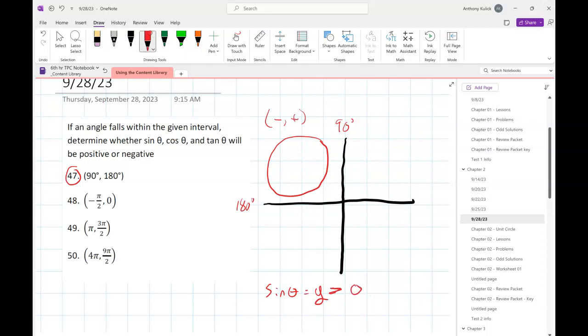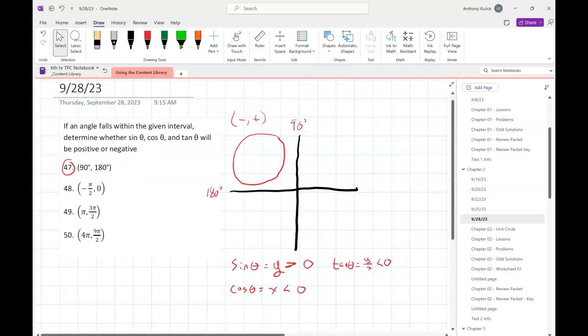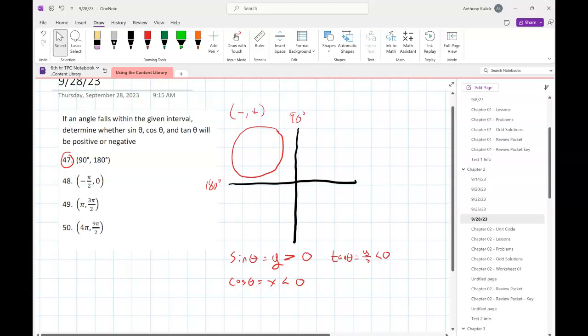So sine theta should be positive, because y is positive in the second quadrant. Cosine theta is x, which I know is negative in the second quadrant. And tan theta is y over x, so that's positive over negative, so that's negative. So that's what I'd write.